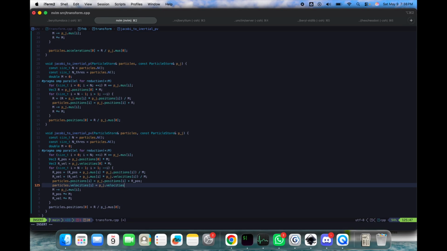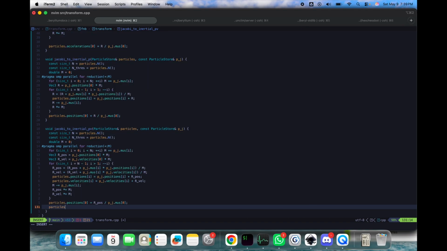Equals pj dot velocities index I plus R vel. Oh yeah, I forgot I have to update this section too. Particles dot velocities index 0 equals R vel over pj dot mu's index 0. Nice, so this is done now.